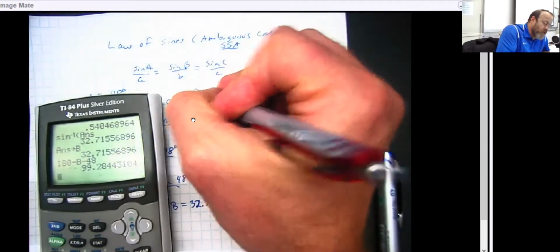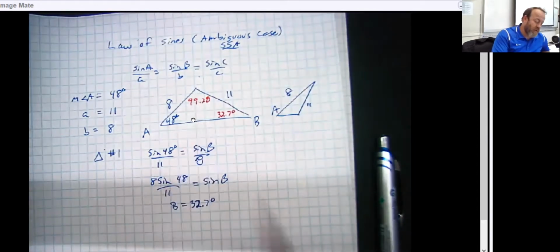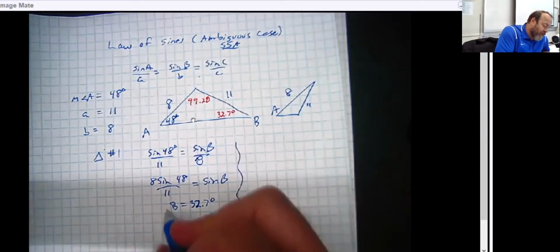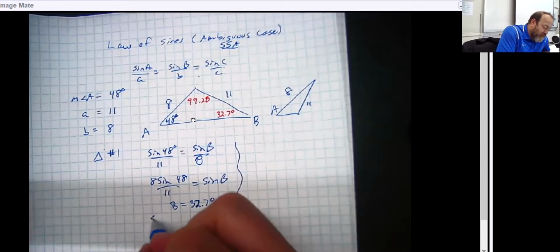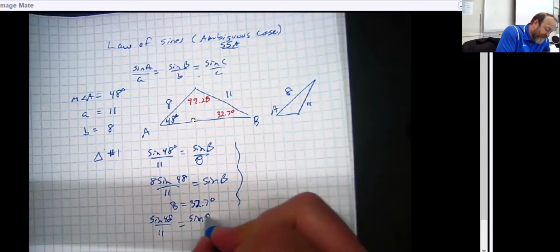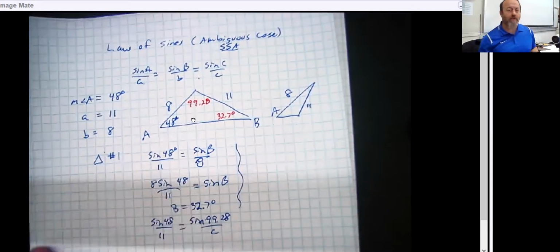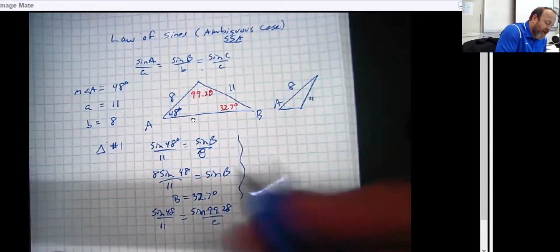And we could do the law of sines one more time to find C right here. For this video I am not going to finish this, but we would say sine of 48 over 11 equals the sine of 99.28 over C. And you could finish it. This is a great triangle. There's nothing wrong with this. I just didn't want to take the time right now.